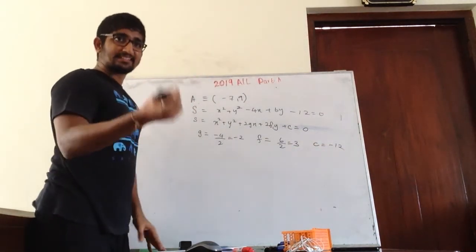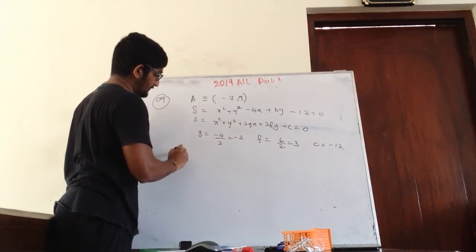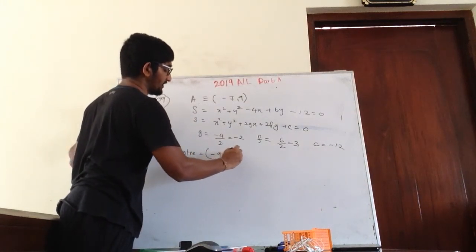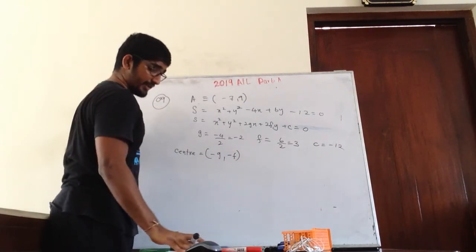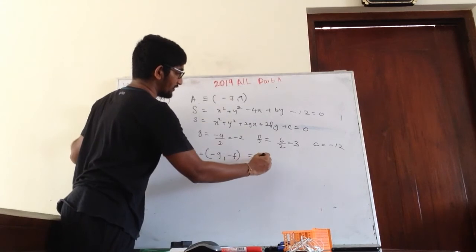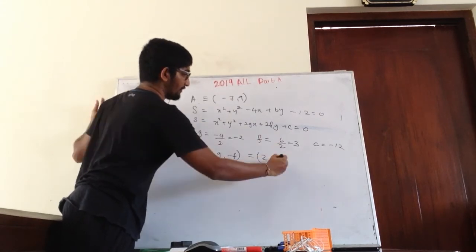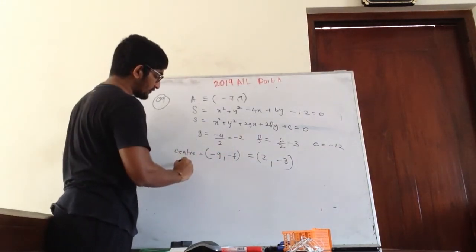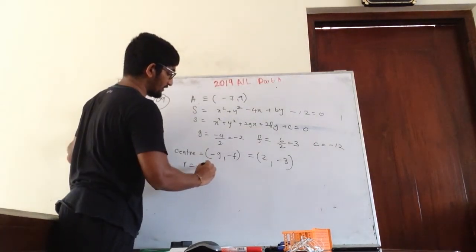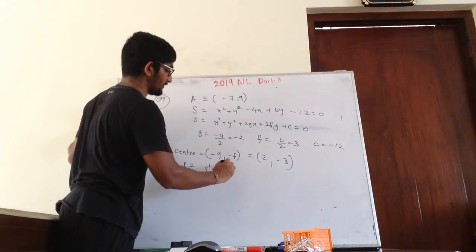Right? So now I need the center. What is the center? Center is minus g, minus f. So the center will be 2, minus 3. Then I need the radius. So the radius will be the square root of g squared plus f squared minus c.